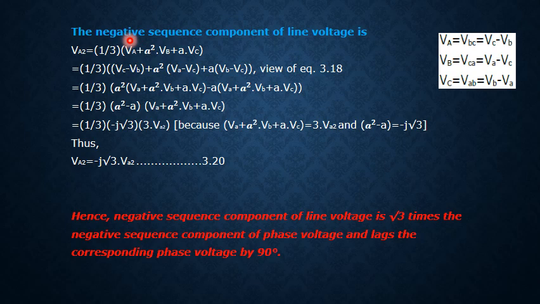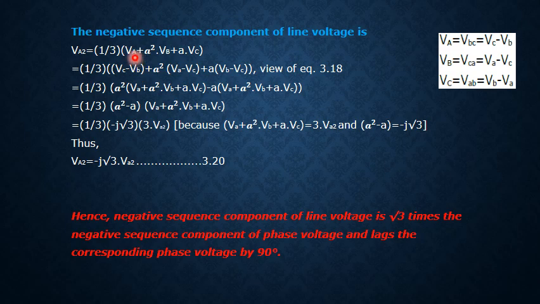For the negative sequence component, this is the equation which we obtained from our previous session, meant for the negative sequence component line voltage. According to that, we now need to substitute the respective values. Capital subscripts represent line voltage, and small subscripts represent phase voltage, as I told earlier.